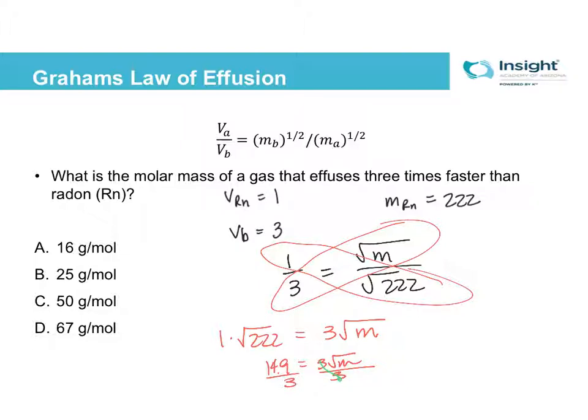So 14.9 divided by 3 is 4.97, equals the square root of m. And then I'm going to square both sides to unsquare root the m. So 4.97 times 4.97 is going to be 24.7, or rounds up to 25 grams per mole.